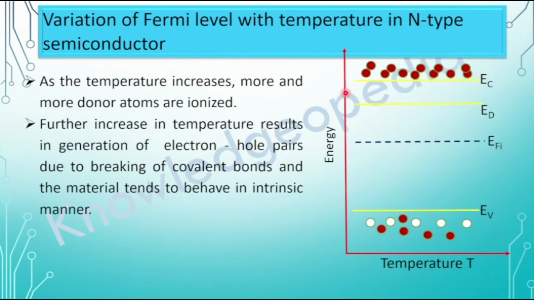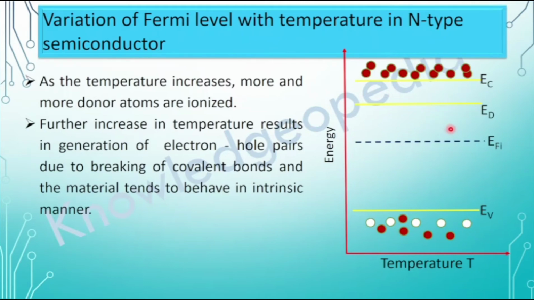In the previous slide, we have seen that the position of the Fermi level in case of an N-type semiconductor is just between EC and ED. So this is the exact position at T equals 0 Kelvin. Now slowly as we are increasing the temperature, it will move and come down and it will behave like an intrinsic.